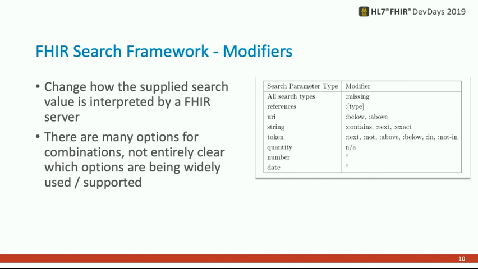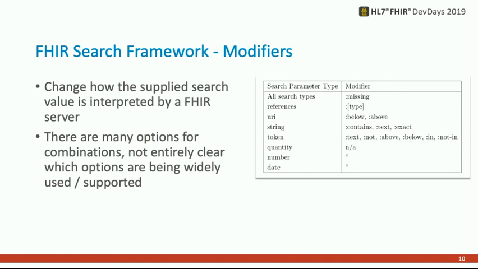Because in FHIR, there is always a value or at least a primitive extension on that element. If not, the element is empty and we could use it to match with a missing modifier.